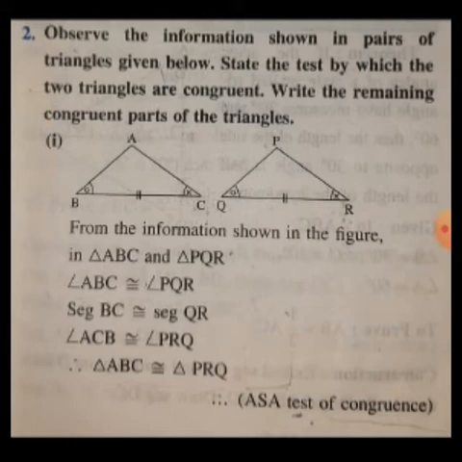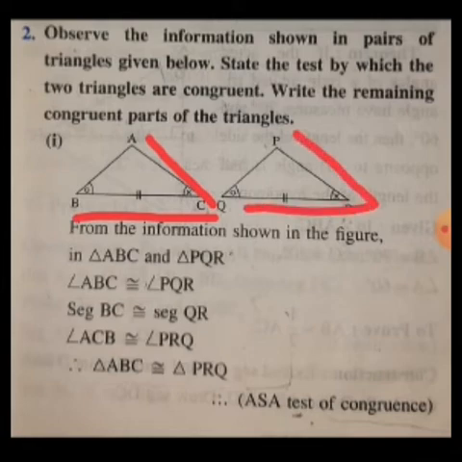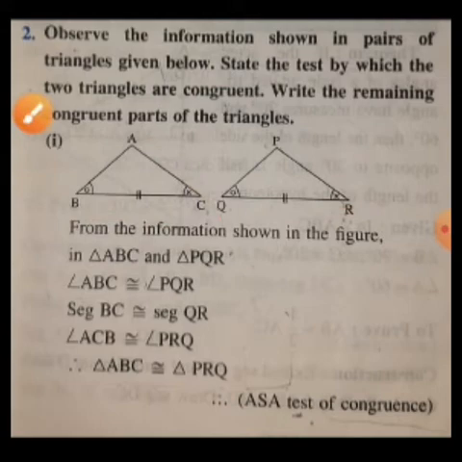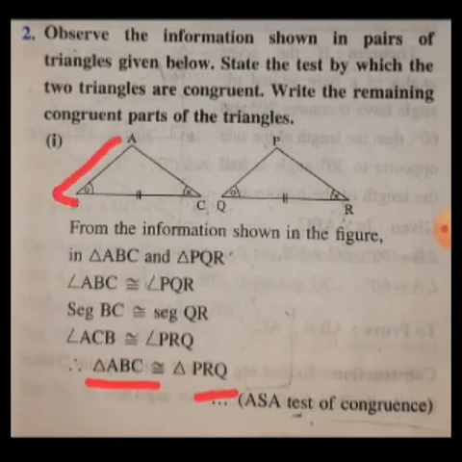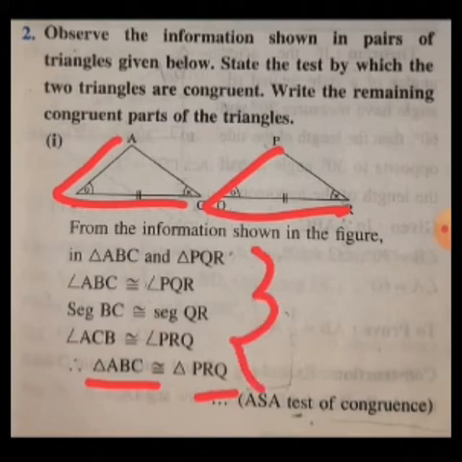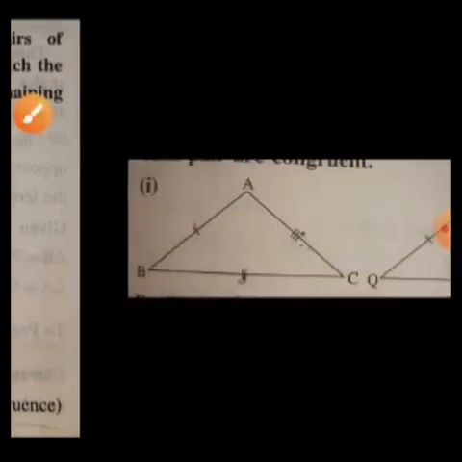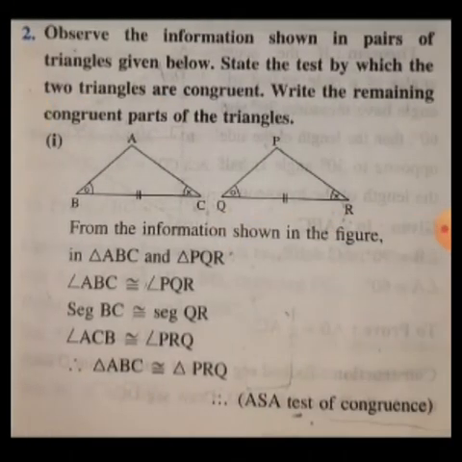Then angle ACB is congruent to angle PRQ. So triangle ABC is congruent to triangle PQR because of this, and the test is the angle, side, angle test. Then the question given here is, write the remaining congruent parts.